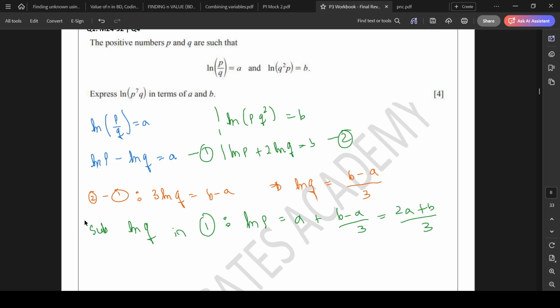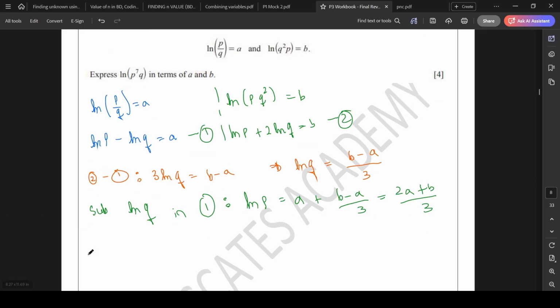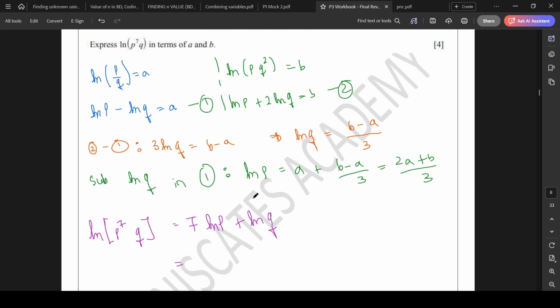Now it's time to find the main thing. I have to express ln of p to the power of 7 into q in terms of a and b. This is the same as writing 7 ln p plus ln q, and then I know that in ln p and ln q both the common denominator is 3, so it's very good. 7 times ln p, so ln p was 2a plus b in the numerator, and for ln q the numerator was b minus a, and the common denominator of 3.